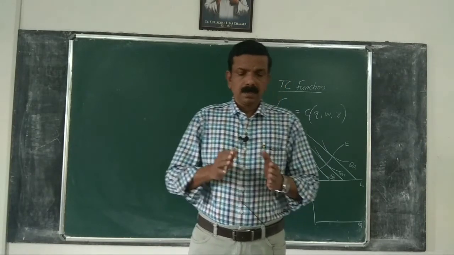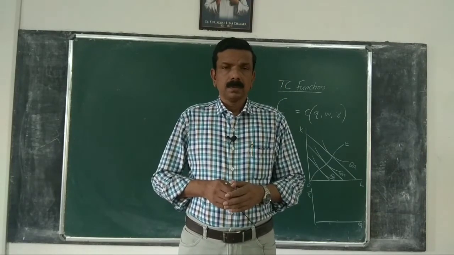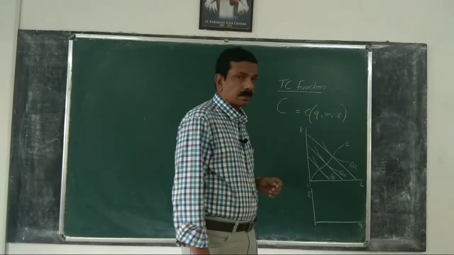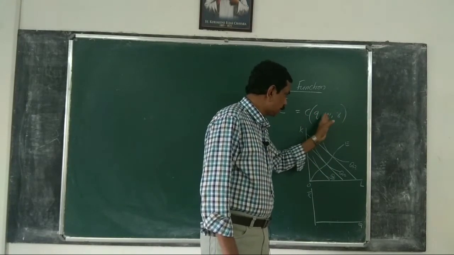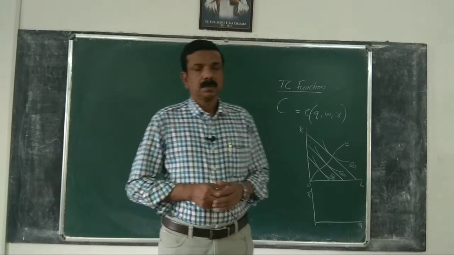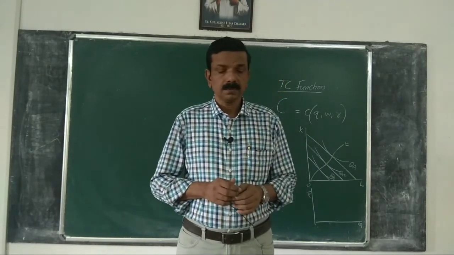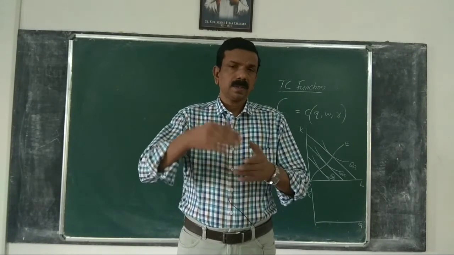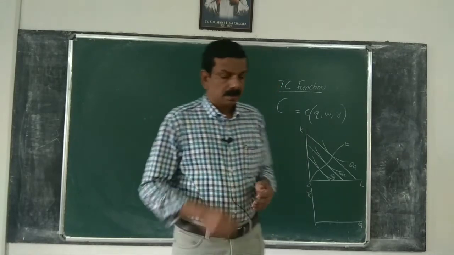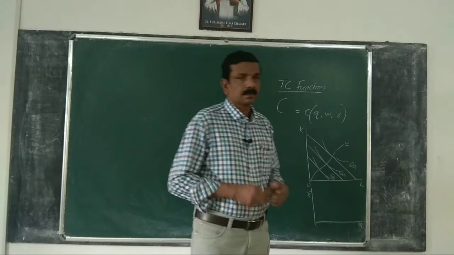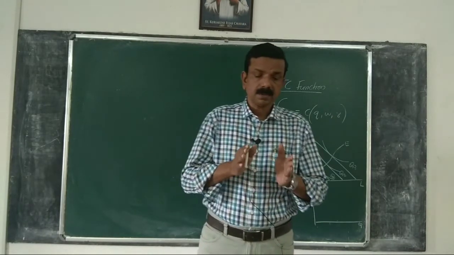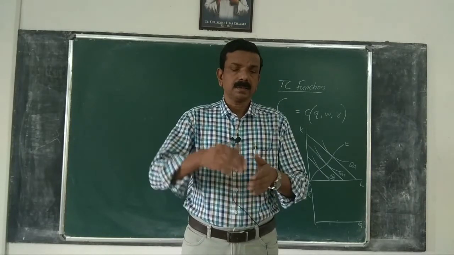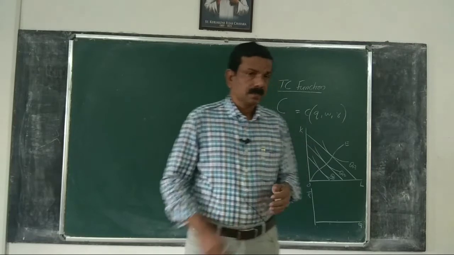Now we begin by analyzing the relationship between total cost and output, keeping factor prices constant. That is, C as a function of Q, keeping W and R constant. And then we consider how a change in input prices causes a shift in the expansion path and thus the cost functions.